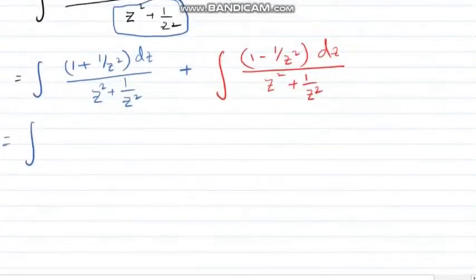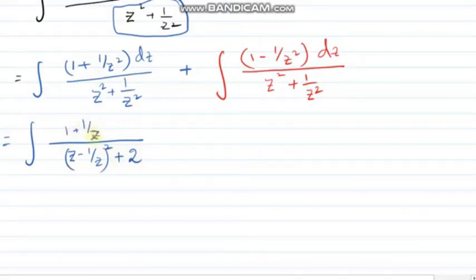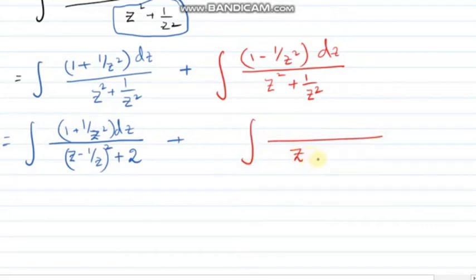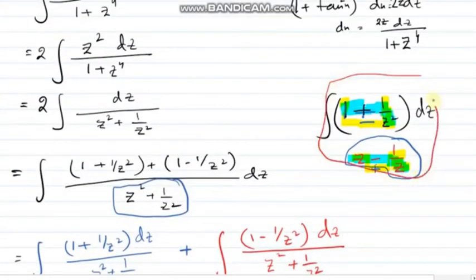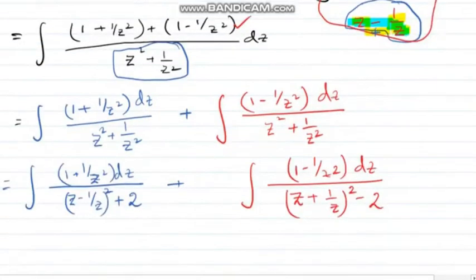So the first one I will write as integral of (z minus 1 by z) whole square plus 2, into (1 plus 1 by z square) dz, and the second one I am going to write as (z plus 1 by z) whole square minus 2, and the numerator is 1 minus 1 by z square. This is not the substitution, this is just showing why I had done this part. Now I am going to do the substitution.